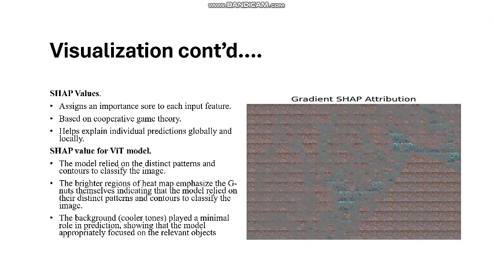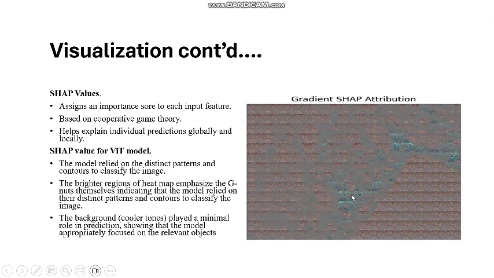With this output, we can observe that the model relied on distinct patterns and contours to classify the images. The brighter regions of the heat map emphasize the groundnuts themselves, as you can see here.